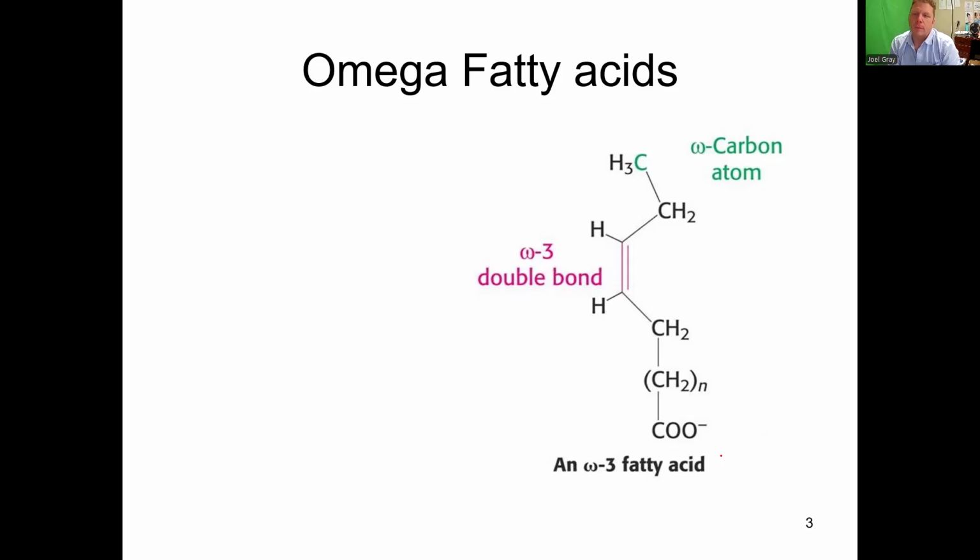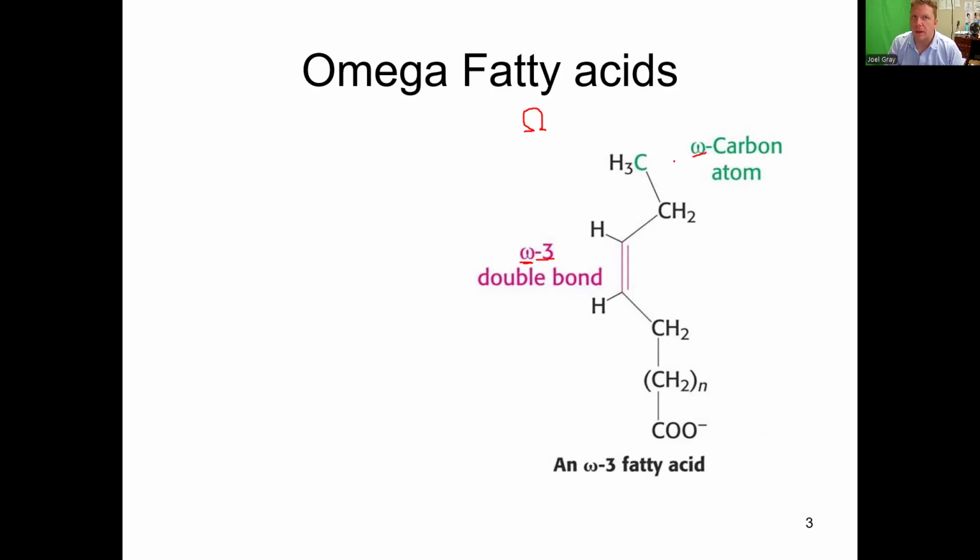Now, this omega numbering scheme is a little bit confusing. So this is your lowercase omega symbol. The omega symbol you might be a little bit more familiar with looks like this. But this is your lowercase omega.